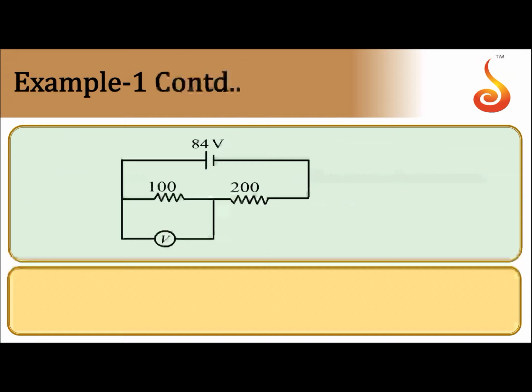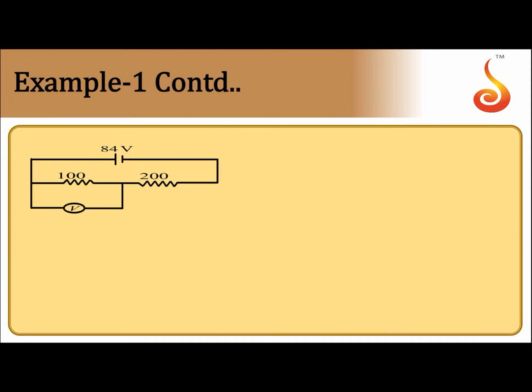So now we need to find the potential difference across the parallel combination of voltmeter and 100 ohm, and then before connecting voltmeter, what was the potential difference across 100 ohm. These two things we have to find out.